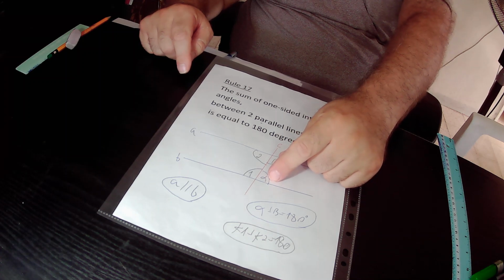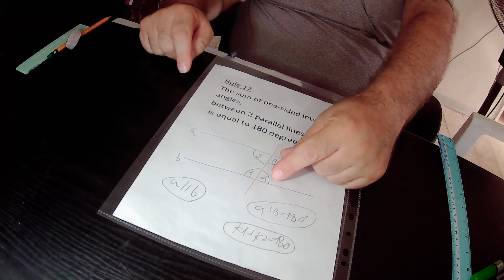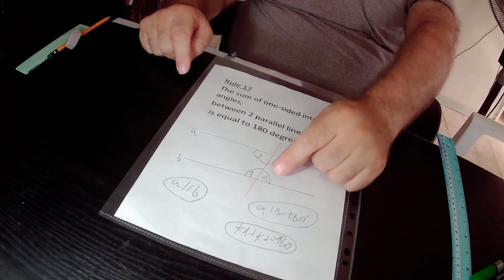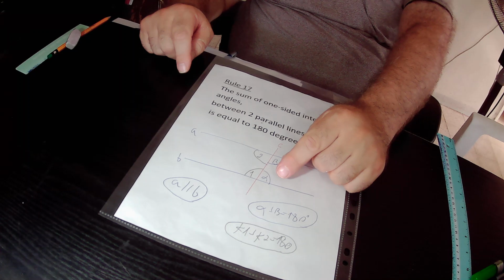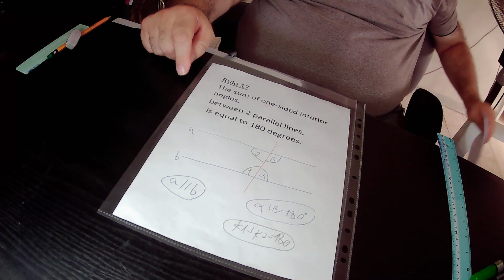Angles alpha and beta are defined as one-sided interior angles, and because those two one-sided interior angles are located between the two parallel lines A and B, their sum must be equal to 180 degrees. That is to say, alpha plus beta is equal to 180 degrees.